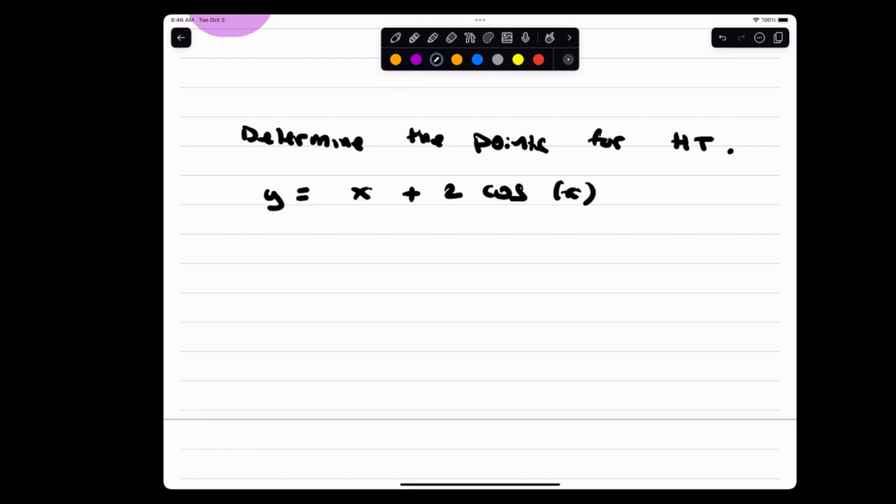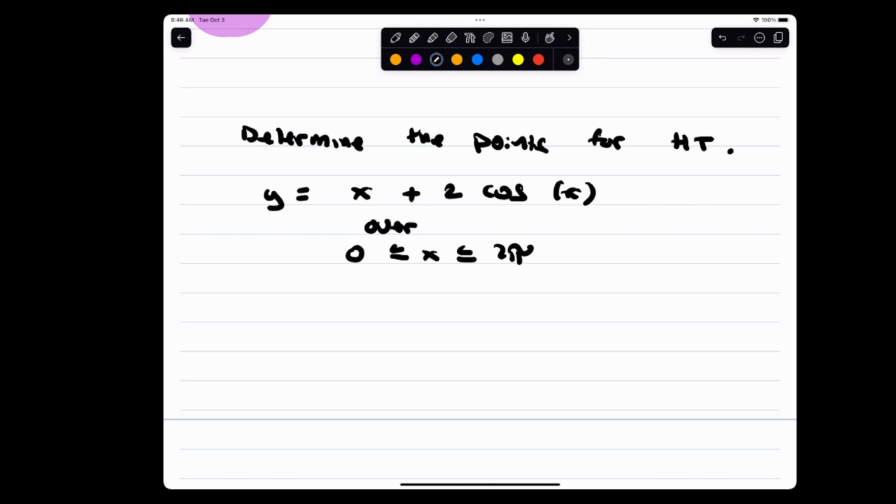Okay. I'm going to say determine the points on the curve where you have a horizontal tangent, and I'm going to restrict the domain to values of x between 0 and 2 pi. Okay?